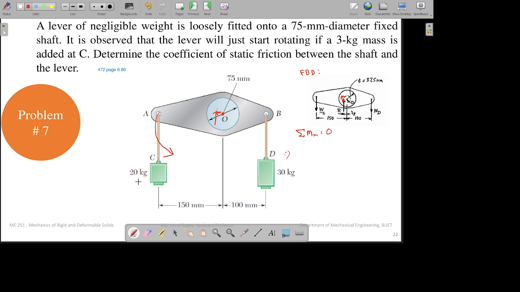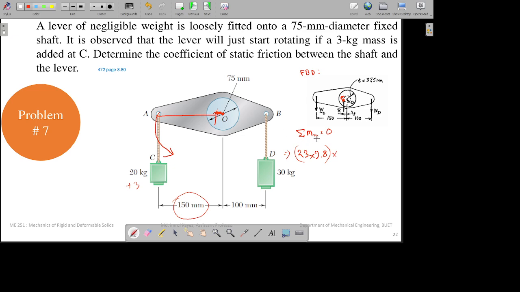Now the total mass will be 20 plus 3, that is 23 kg into 9.8, force multiplied by distance. This distance is 150, and you have to subtract the radius of friction from this total distance, then you will get this distance.